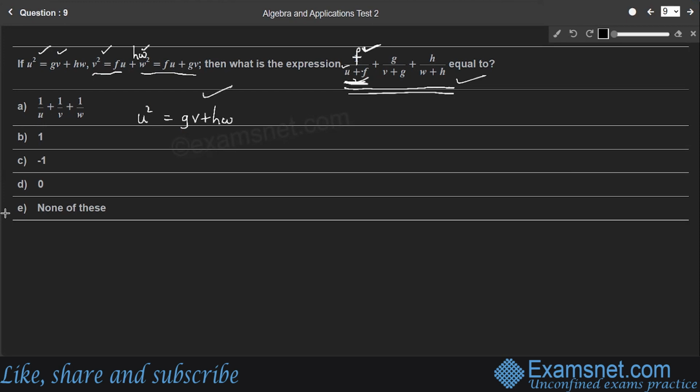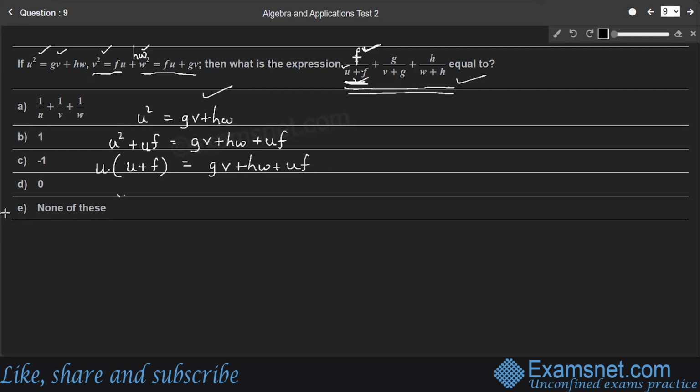That is u square plus uf, or fu, both are same, is equal to gv plus hw plus uf. Therefore, in the LHS we can take out u as common: u into u plus f is equal to gv plus hw plus uf.